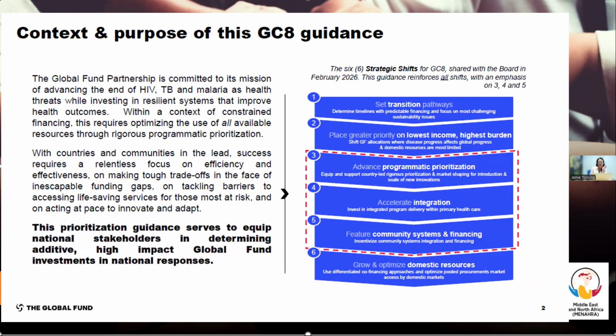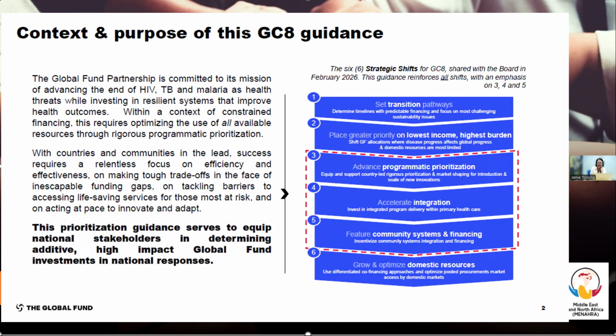Shifts 1 and 2 are more at the global level, for the Global Fund: we've set transition pathways, with some grants ending in GC8 and some in GC9, and more money being given to lowest-income, high-burden countries. Those have already been done through the allocation letter and the transition cycle communicated to countries.